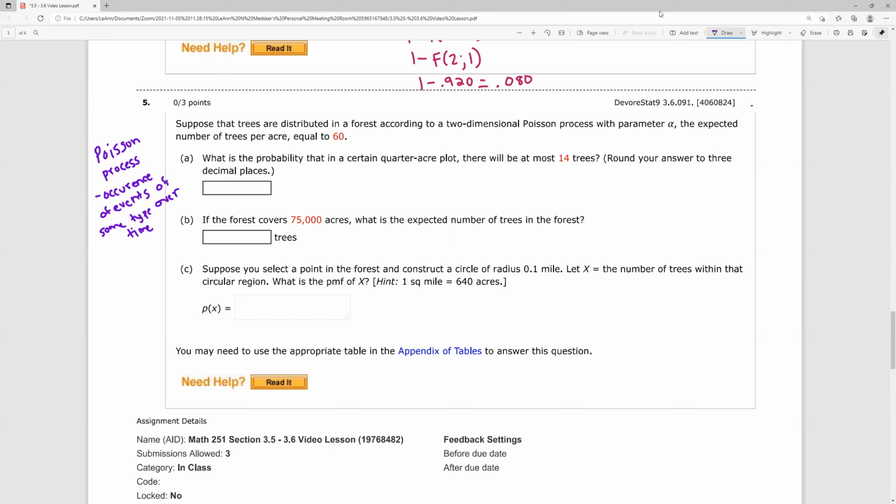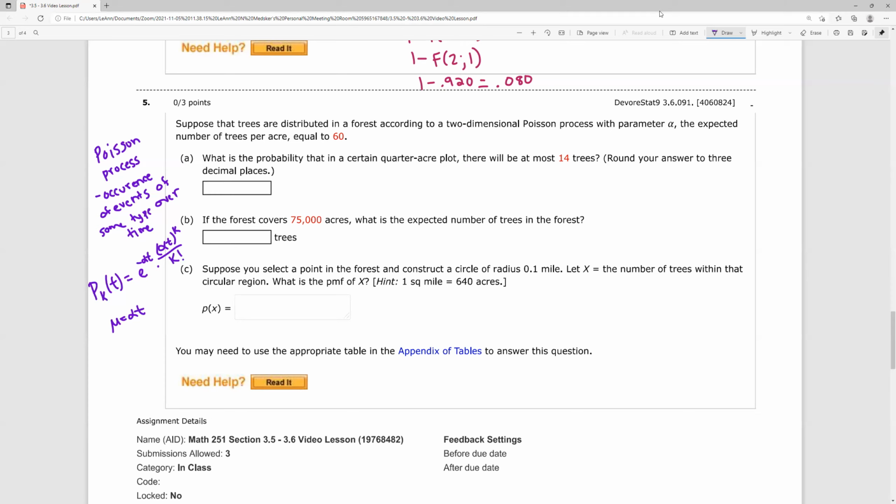So there is a formula for a Poisson process. It is P sub k of t equals e to the negative alpha t times parentheses alpha t to the k over k factorial. Now alpha t right here, I just said that a minute ago, this is the mean.